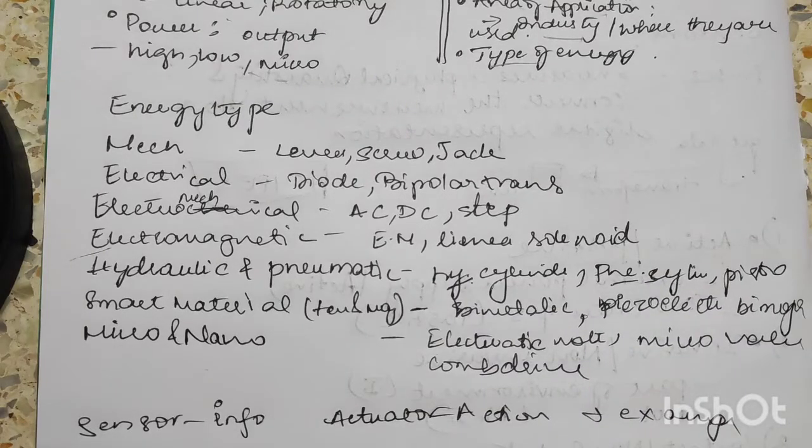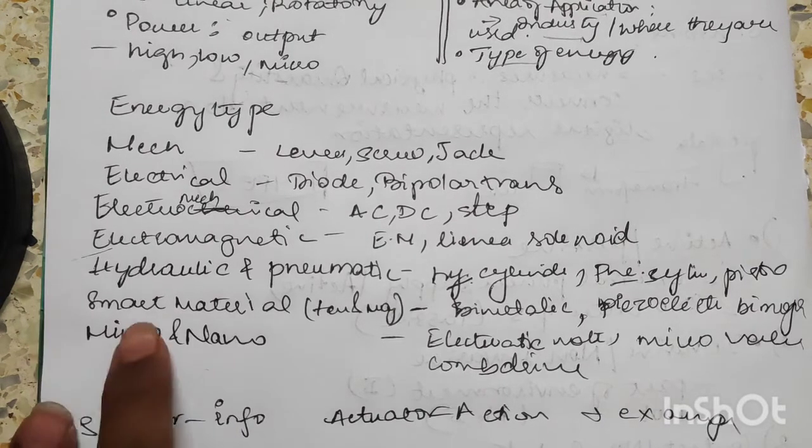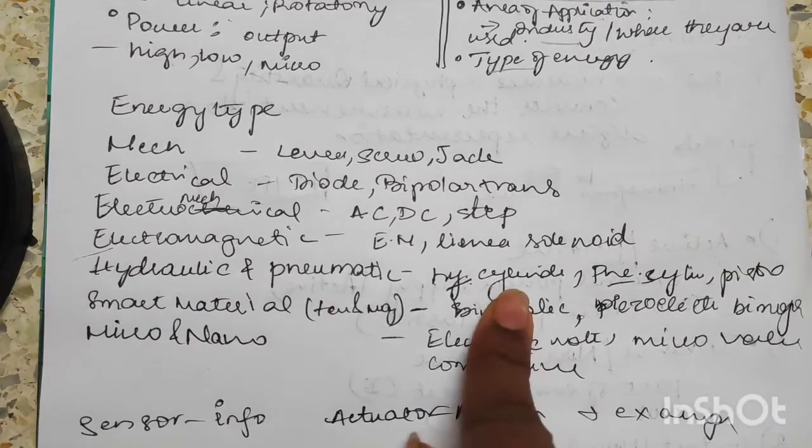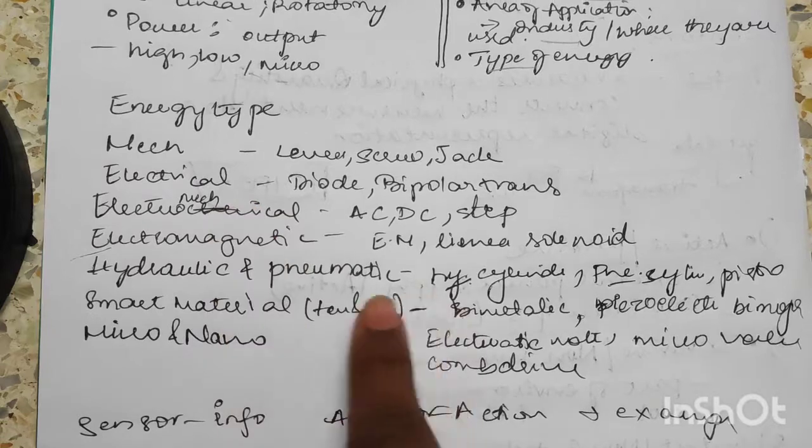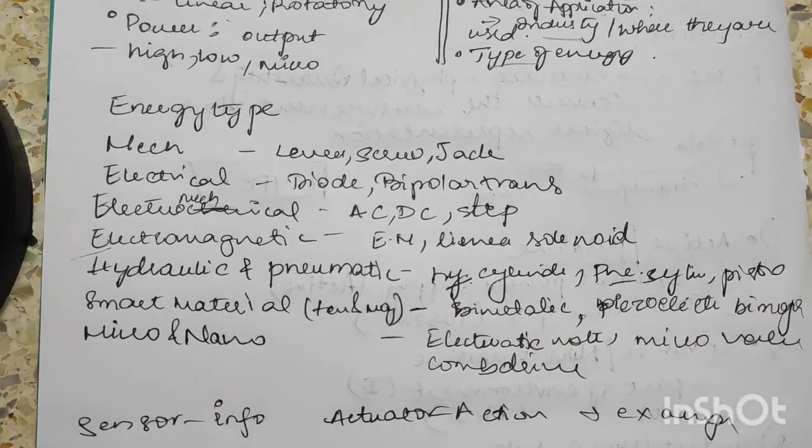And then you have electromechanical, that is your AC motor, DC motor, and step motor. Then you have electromagnetic, your electromagnetic linear solenoid. And then you have hydraulic and pneumatic energy types. Here it is your hydraulic cylinders, pistons, and pneumatic cylinders.